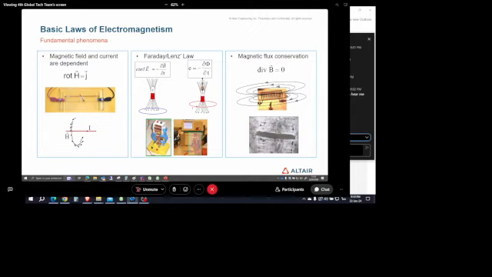If I supply this coil and I rotate it, I will recover voltage here.